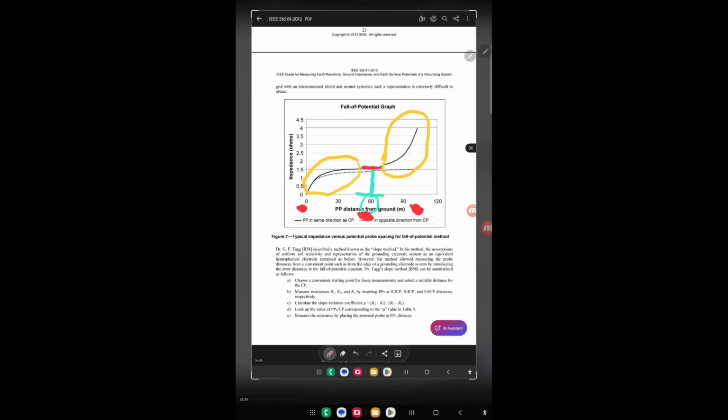I can install it at approximately 52%, which would be here, or at 72%. If I place the pin in this area, it would be in the zone where there is no slope, and the measurement would be valid. That's what this graph means. Let's look at it with the manufacturer's equipment. But I wanted to explain where the 62% comes from and why.